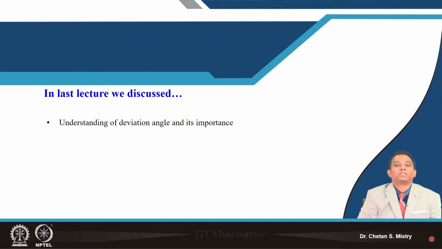Based on Carter's correlation, we have discussed that the deviation angle depends on the m parameter, on the camber angle, and also on the solidity, and we started discussing how to calculate this deviation angle as per our requirement.